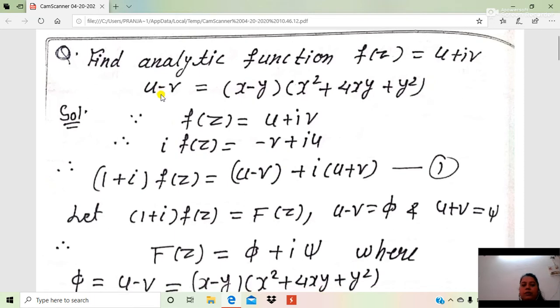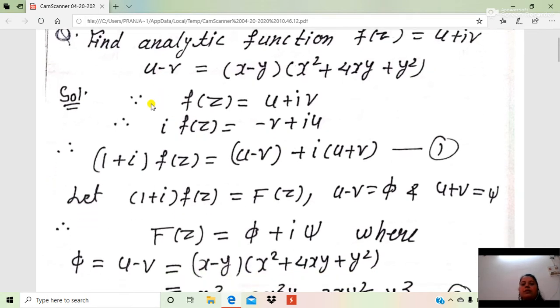So let's start. Since f(z) is equal to u plus iv, we multiply both sides by i. When we multiply both sides by i, we have another equation: i f(z) is equal to i square v, which is minus v as the real part, plus iu.